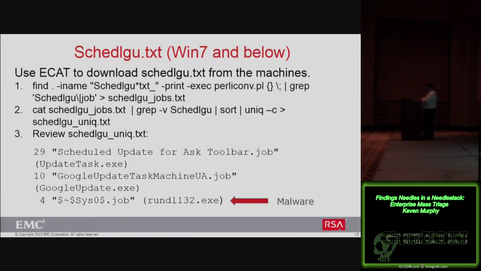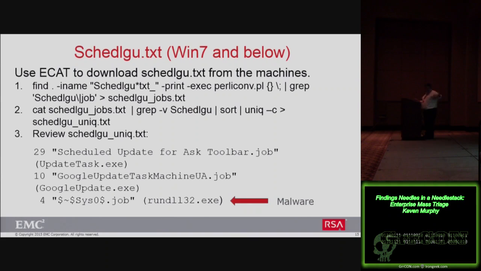Basically, that's going to take the schedule logs and turn them into ASCII, and then from there I'm grepping out certain lines from those text logs and saving it off to a file. The second step is I'm going to cat that file, and I'm going to remove the schedule log. I'm going to sort it, unique it, and then run the same process for frequency analysis.